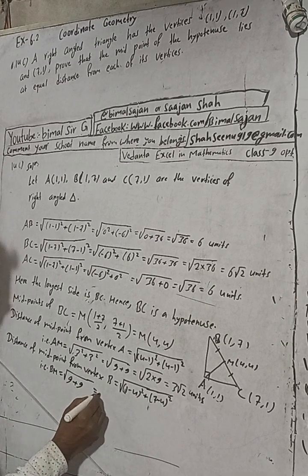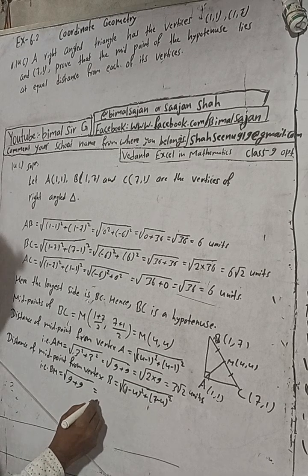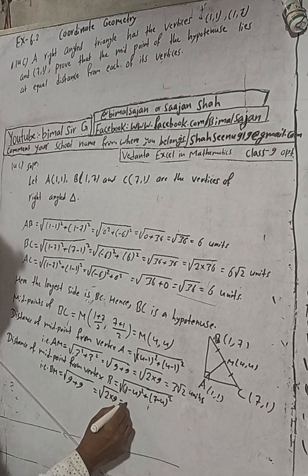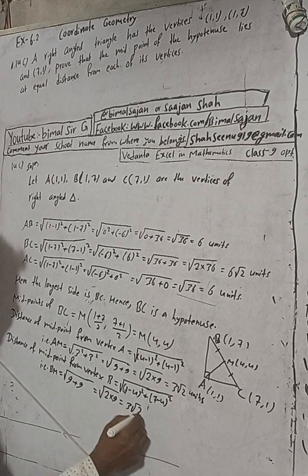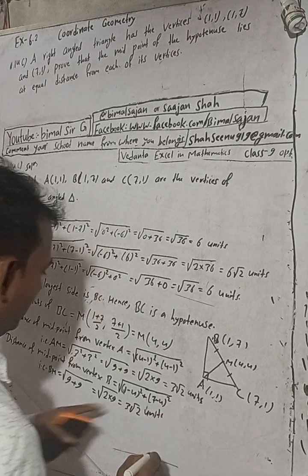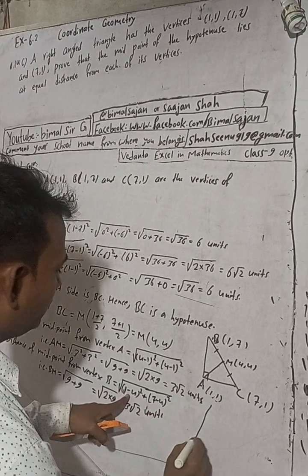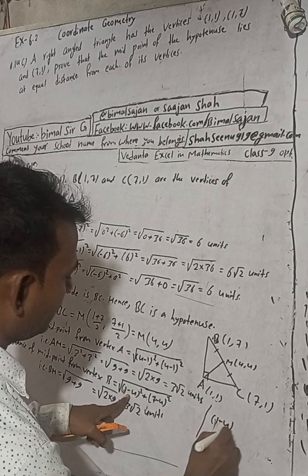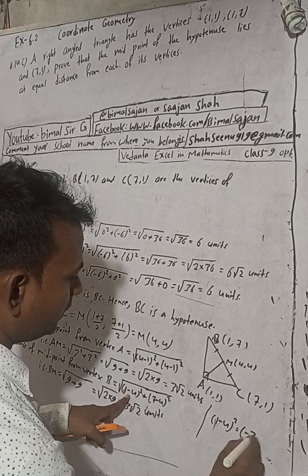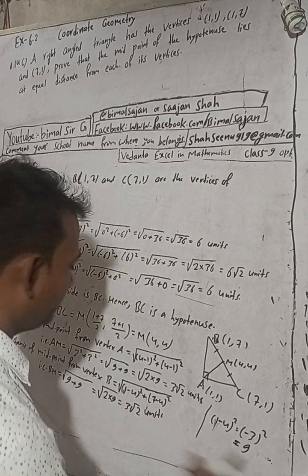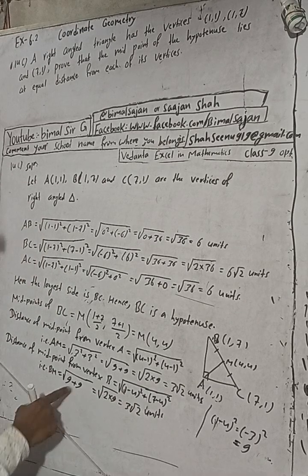So same here, root under 2 into 9, that means 3 outside and root 2 here, units. I want to tell you, this is the rough part for you. 1 minus 4 whole square equals minus 3 square. Minus 3 square is 9 only, because minus minus is plus. That's why there is 9.